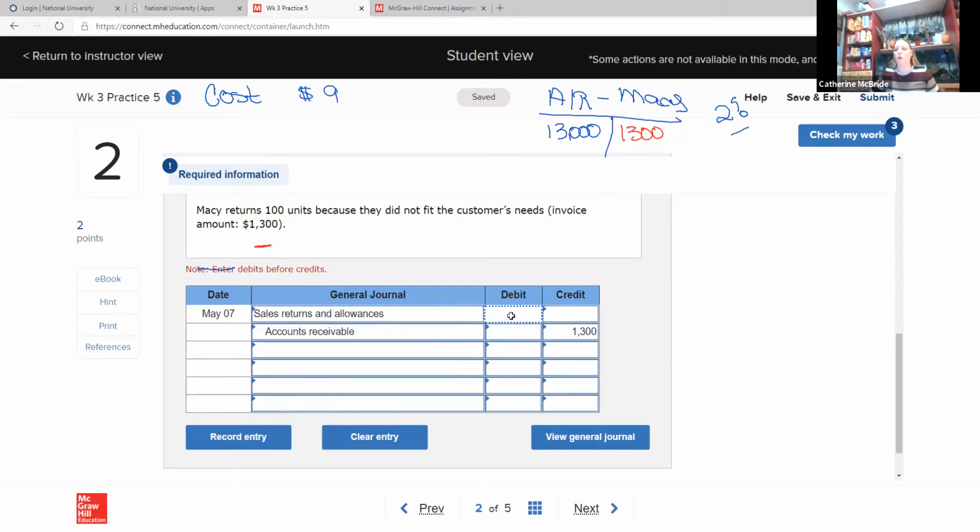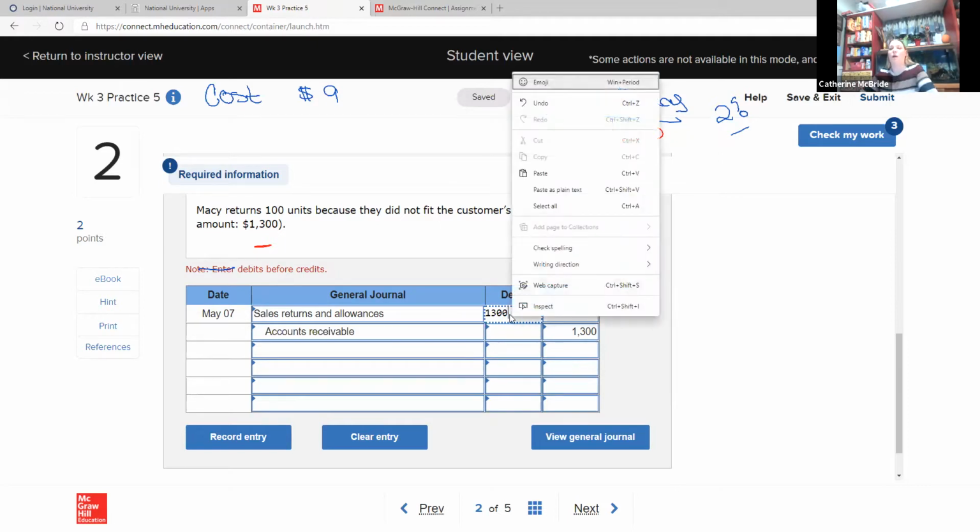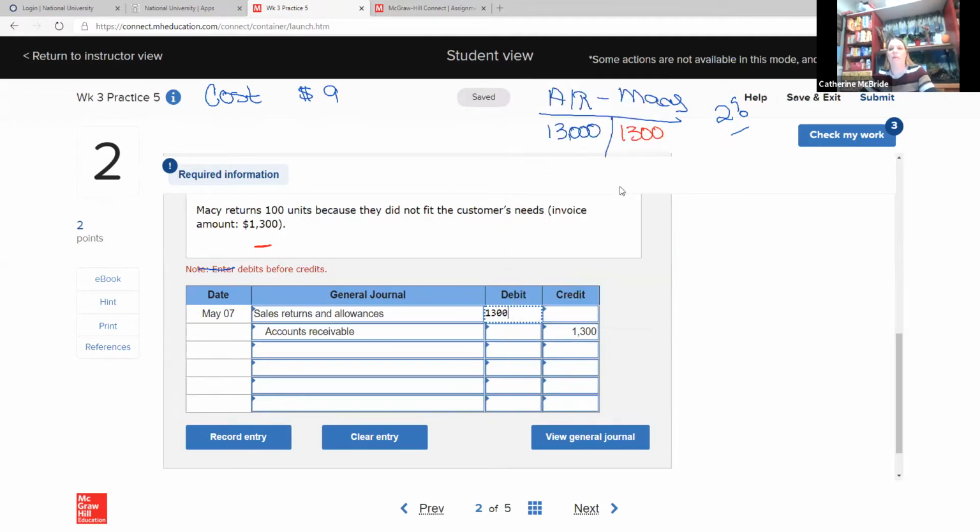So we have two new accounts. One of them is sales returns and allowances. And the other one is sales discounts.